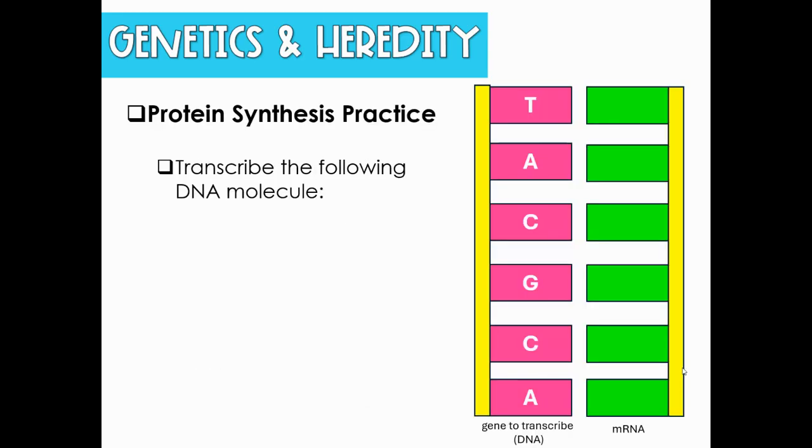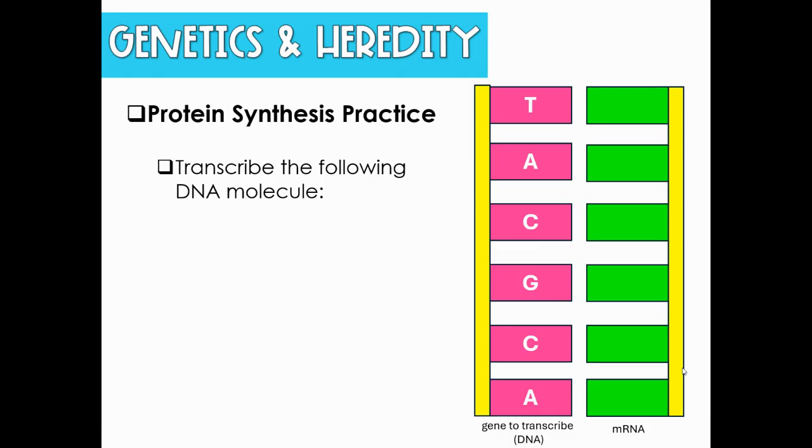All right, so let's say I ask you to transcribe a DNA molecule. So transcribe, we're thinking transcription, the first step of protein synthesis. So this is where we're going to turn DNA into mRNA. So we're going to use the DNA as a template to create our strand of mRNA. Now, since we're trying to create RNA, we need to use RNA base pairing rules.